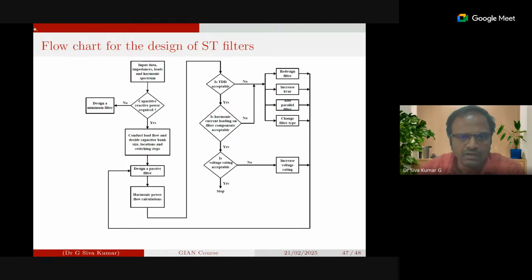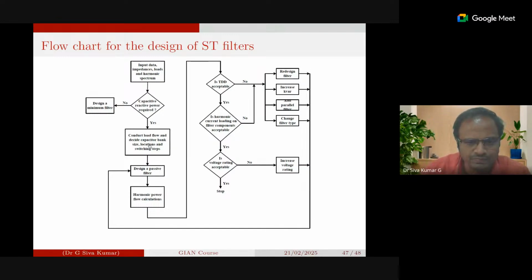Suppose it doesn't have a capacitor requirement, we can go for designing a filter for whichever harmonic is dominant. If it is required, then we go for the design of the capacitor, and the capacitor we can also go for switching steps, I mean discrete capacitor bank connections.